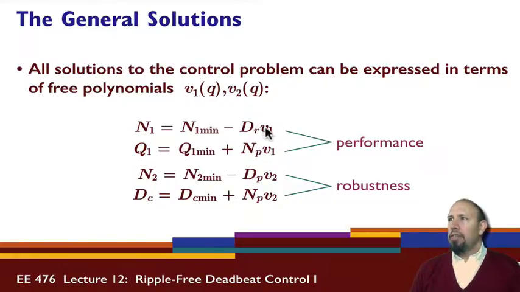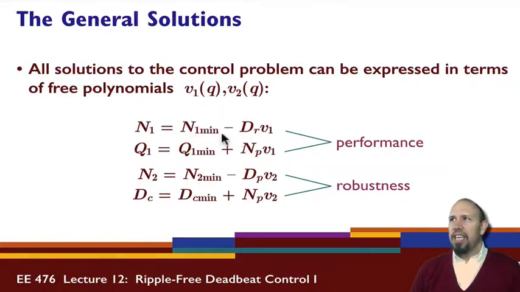In fact, if v1 is 0, we get back to our minimum order solution. When v1 is anything but 0, we get something of higher degree. If you recall the degree condition on n1, the degree of n1 min was less than the degree of dr. So if v1 is a constant, for example, this polynomial now has degree equal to the degree of dr, which is greater than the degree of n1 min.